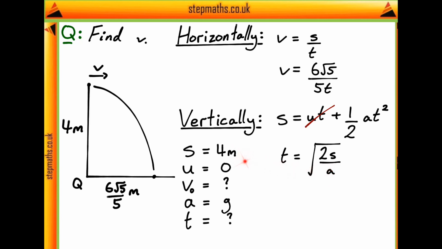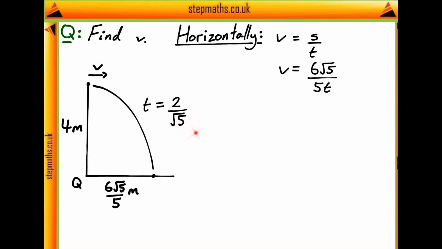Substituting in our value of 4 meters and our acceleration of g, which is just 10, then we get this. So t is equal to the square root of 2 times 4, all divided by 10, which just simplifies by cancelling the 2 through with the 10 to make it a 5 on the bottom, and then the root of 4 is just 2. So t is going to be 2 over root 5.